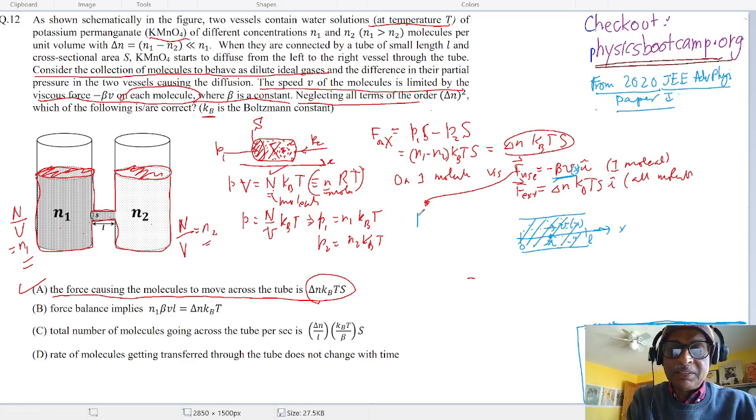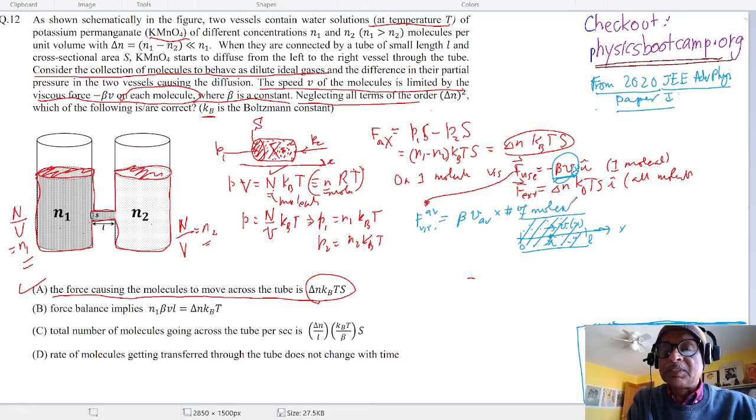So we can do an average, a viscous average, just the magnitude part. Let's look at that. It equals beta V average times the number of molecules in the tube. So we have a beta V average, let's put a bar for average. The number of molecules will be, well, the density over here is n(x).